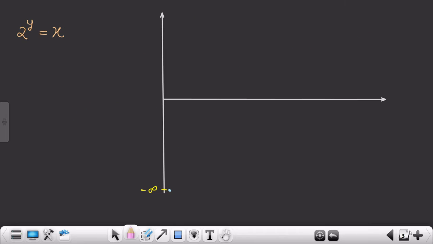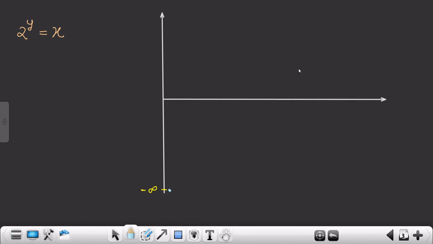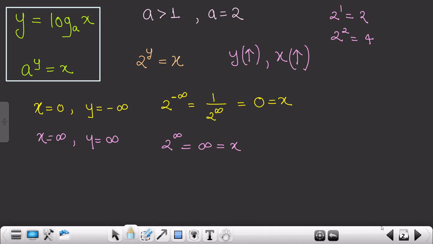So somewhere over here I'm getting x as infinite. I'm just drawing the graph bluntly.